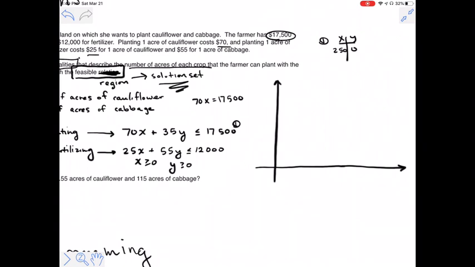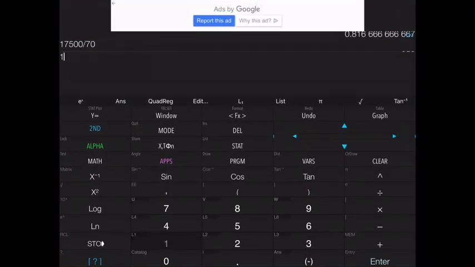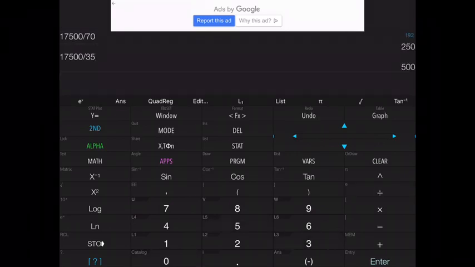And then to find the y-intercept, let x equals 0. So if x is 0, then I have 35y equals 17,500. 17,500 divided by 35 equals 500.